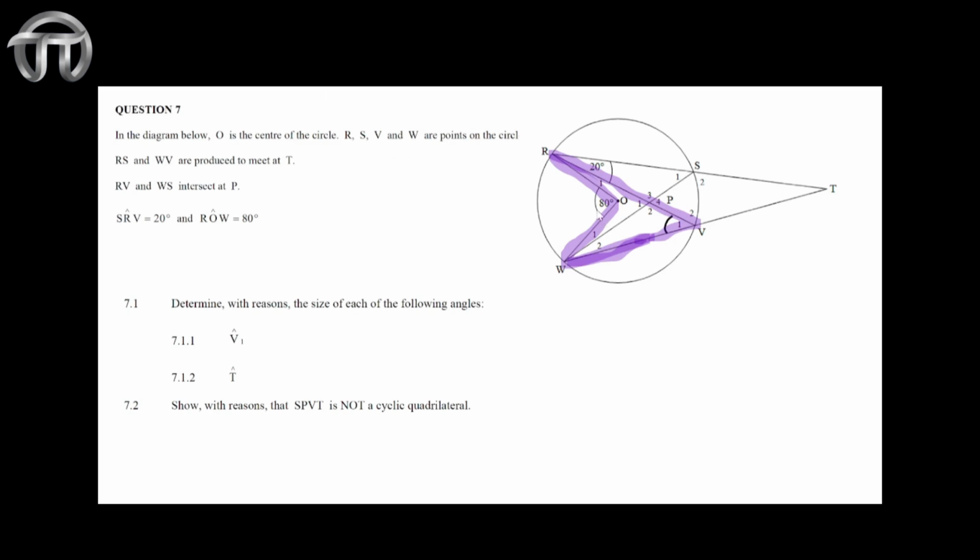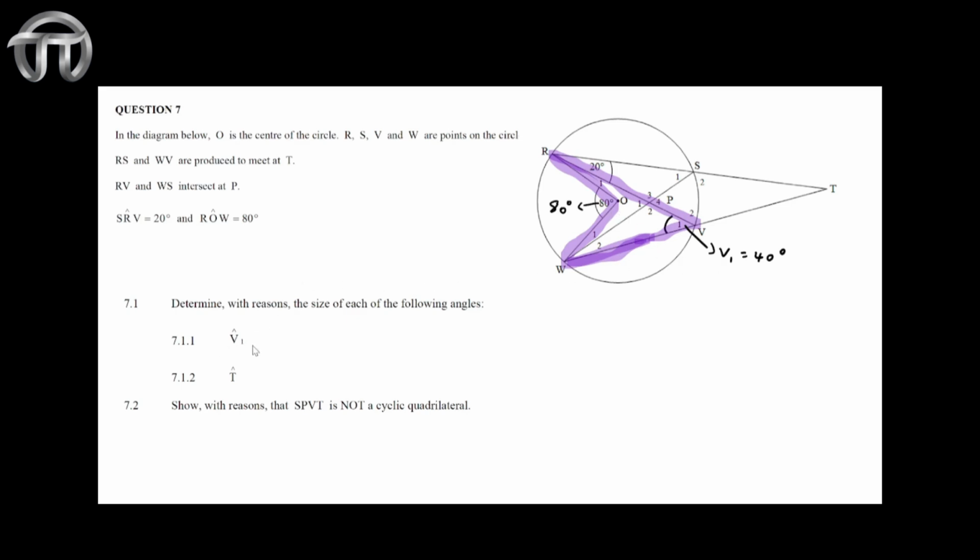The angle that we have at the center here is 80 degrees, and V1 is at the circumference of the circle, that would mean that V1 is equal to 40 degrees. Angle at the center is twice the angle at the circumference. So in this case, the angle at the circumference must be 40 degrees so that the angle at the center can be 80 degrees.